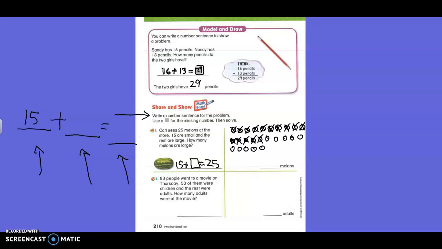So how many circles or melons do I have left for the large ones? Count them. Count the ones you did not cross out.